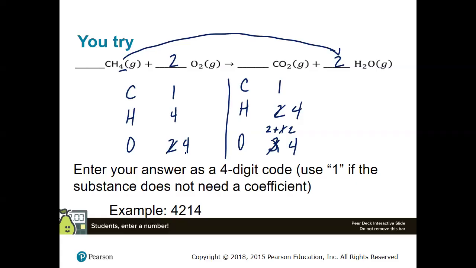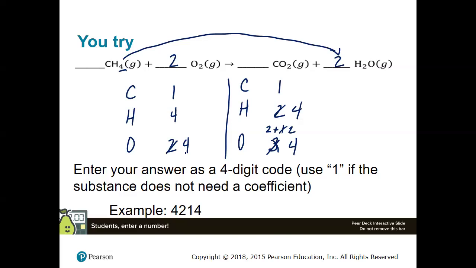And what this leads me to is a really important rule of thumb when it comes to combustion reactions. When we're looking at combustion reactions and we're trying to balance them, the number of carbons ultimately tells me if I'm going to have to double everything or if I can balance it straight up.